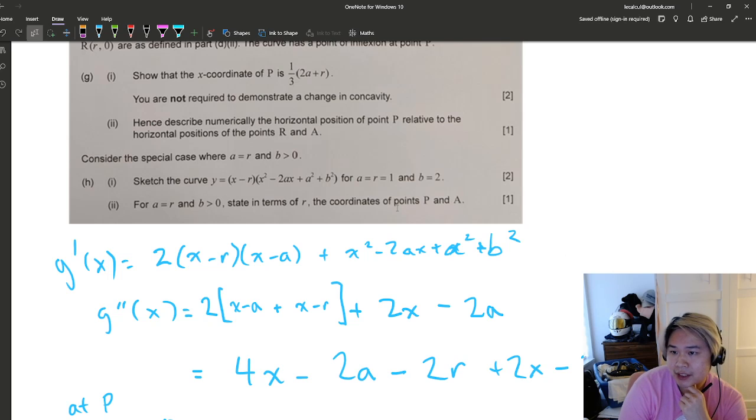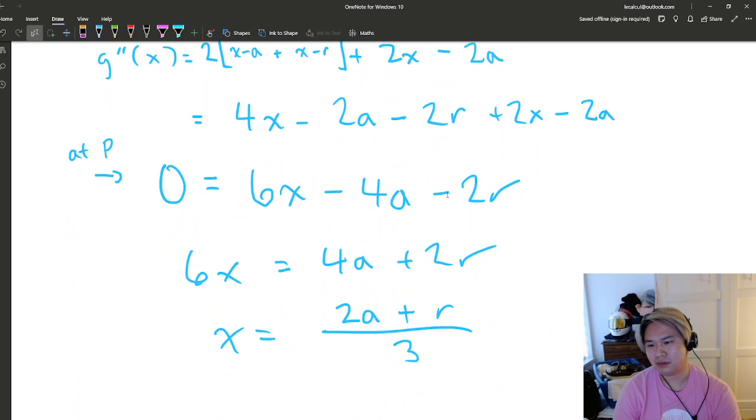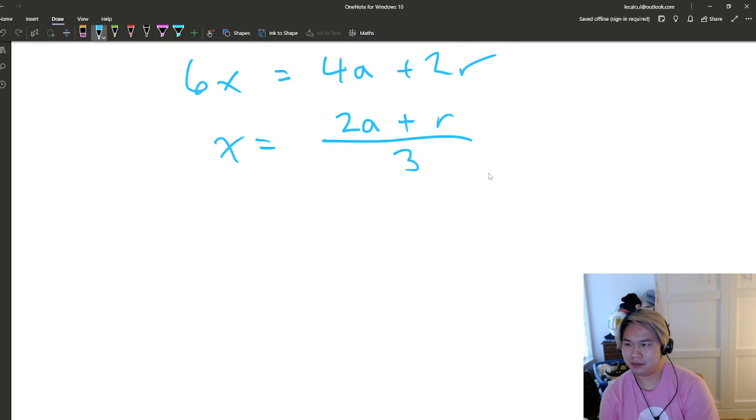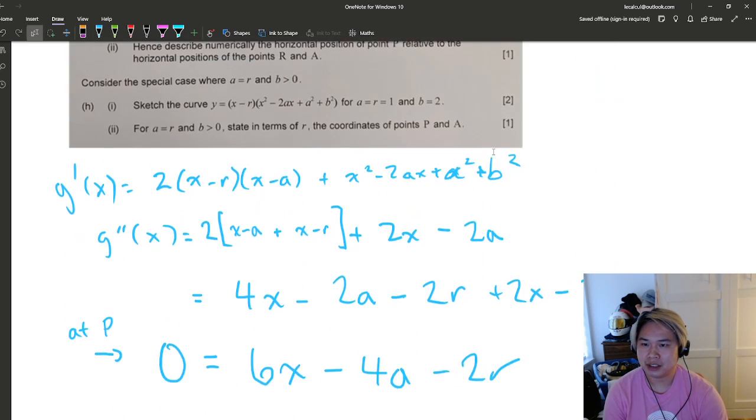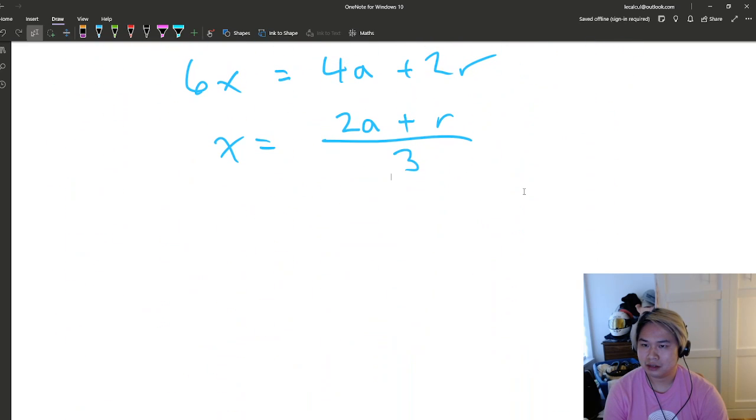Hence describe numerically the horizontal position of point P relative to the horizontal positions of R and A. Wait, this is only one mark, right? Okay, so point, I think, what was it called?